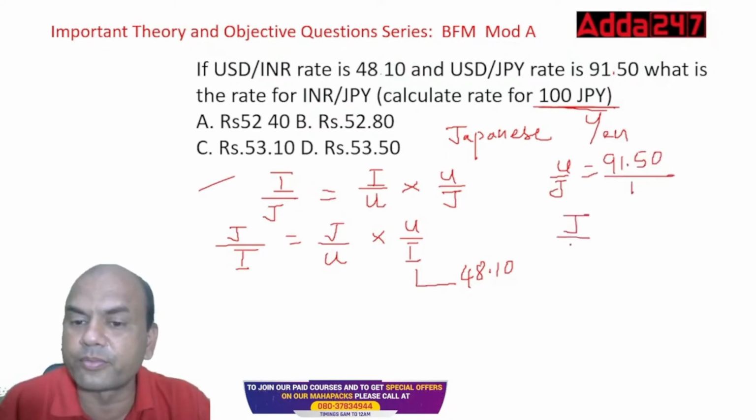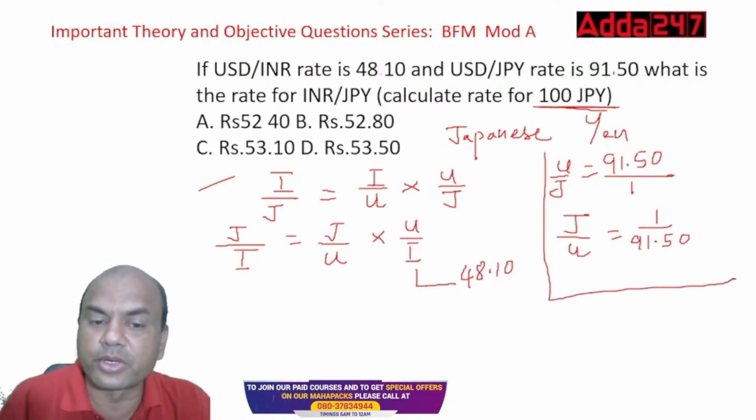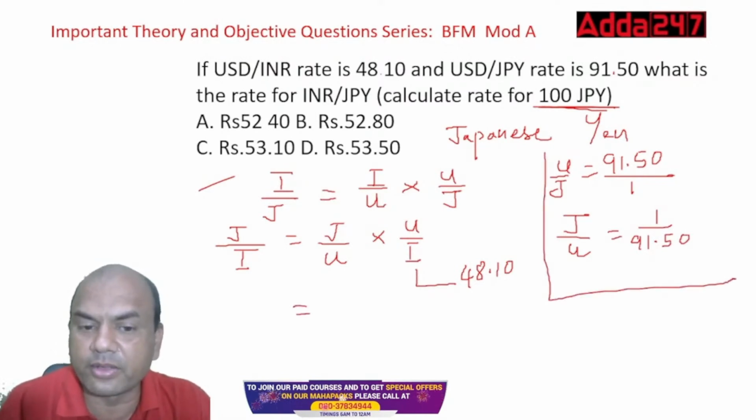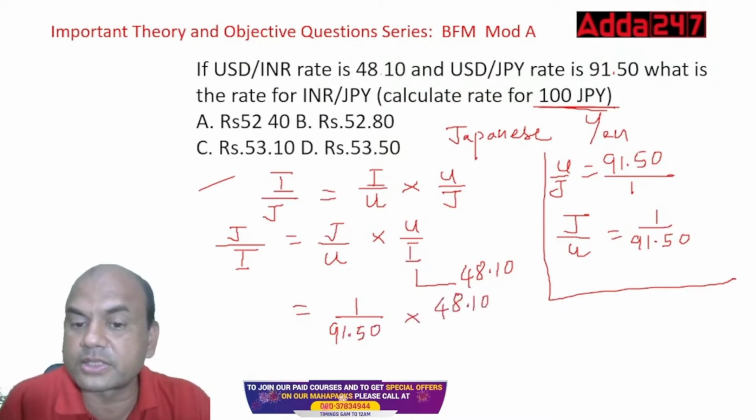J upon U equals 1 upon 91.50, that will be the rate. Now I've got the JPY to USD rate. Multiply it here. So my answer will be 1 upon 91.50 into 48.10.